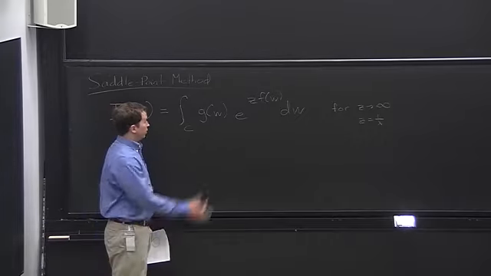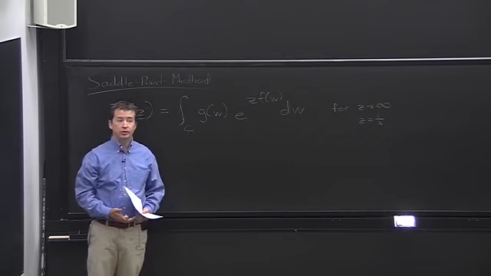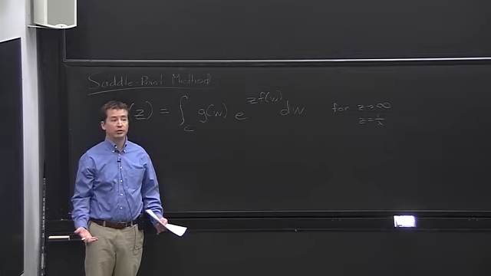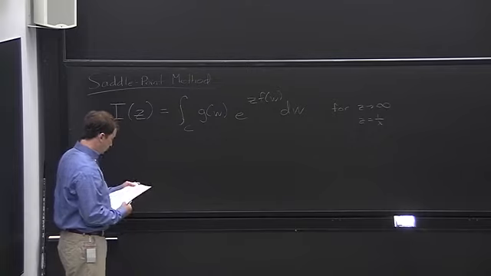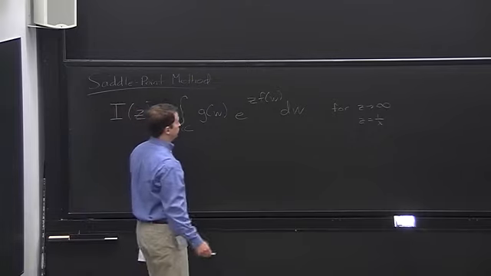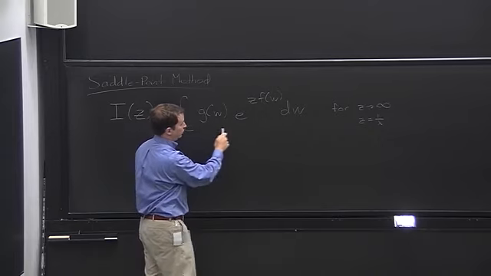And the method we're going to use to approximate this integral is a generalization of what we did last time. Last time, we didn't have this factor out front, and it was a real integral.